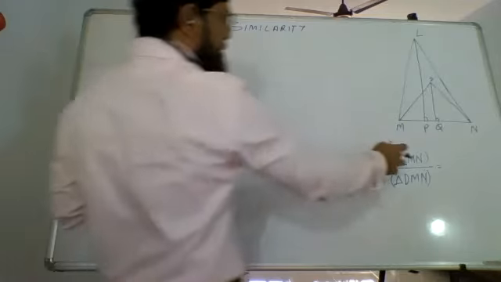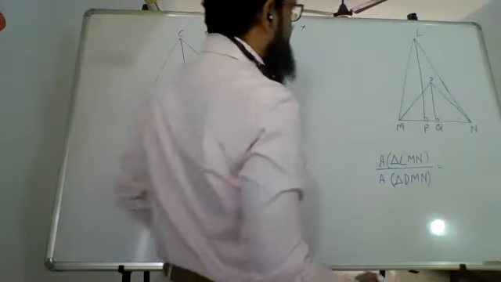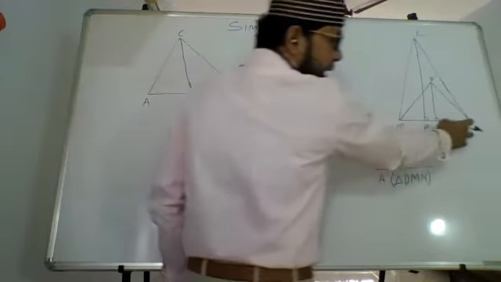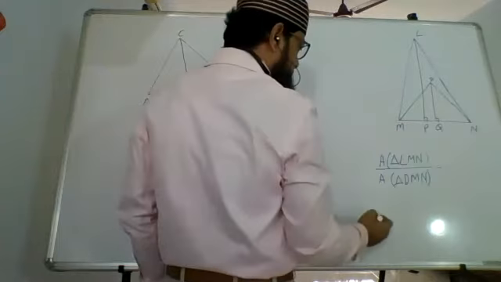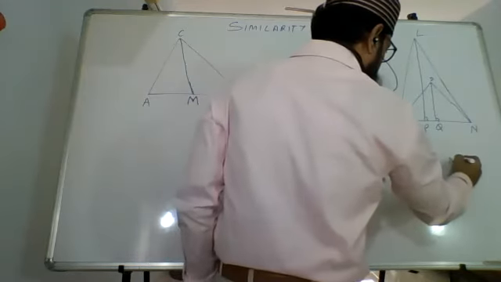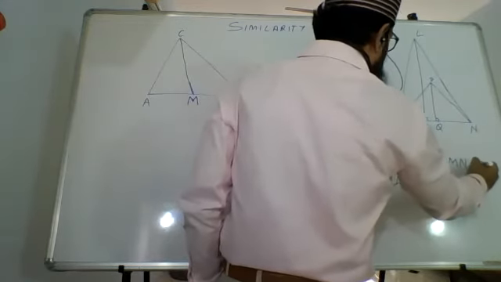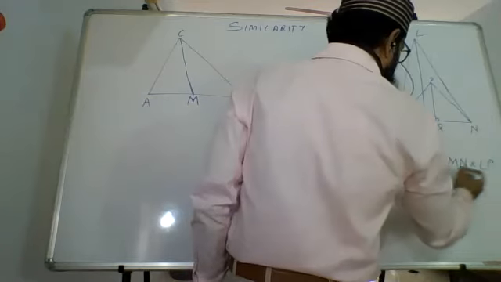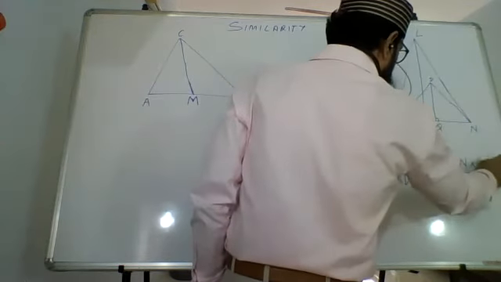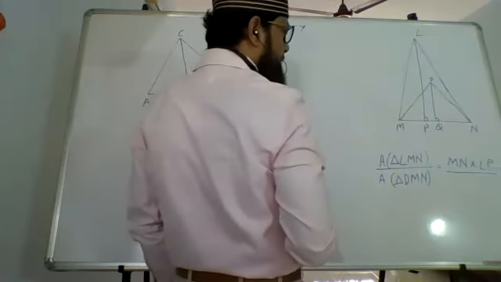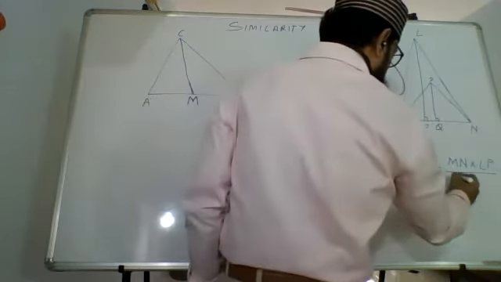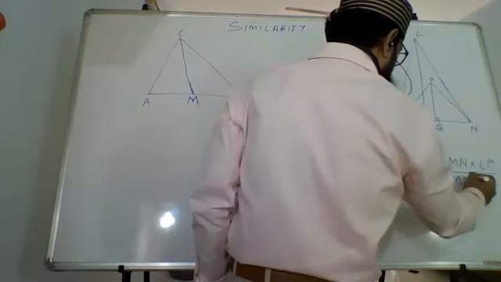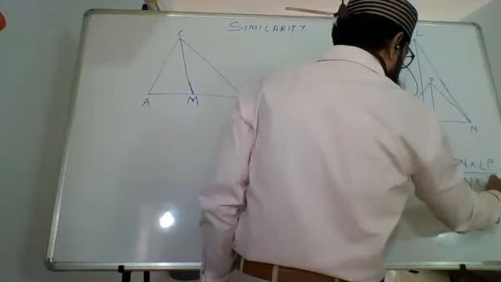Now in this case, for LMN, MN is the base. So MN into LP upon, what is the base for DMN? Again MN into DQ.